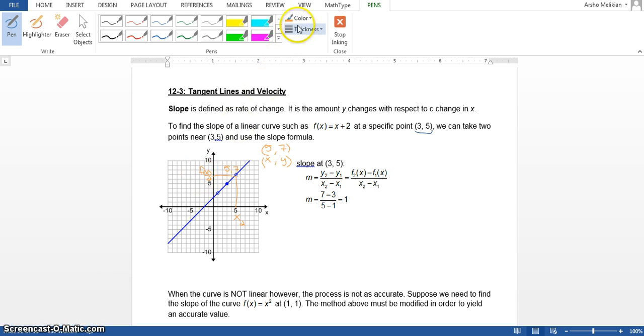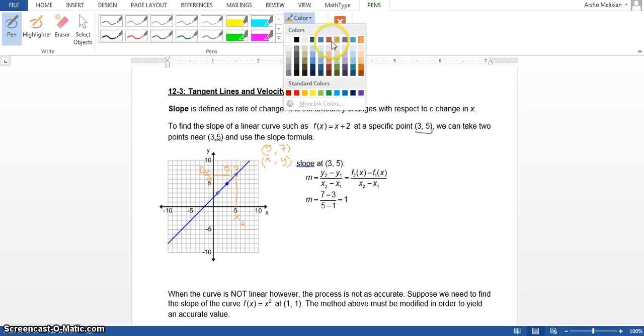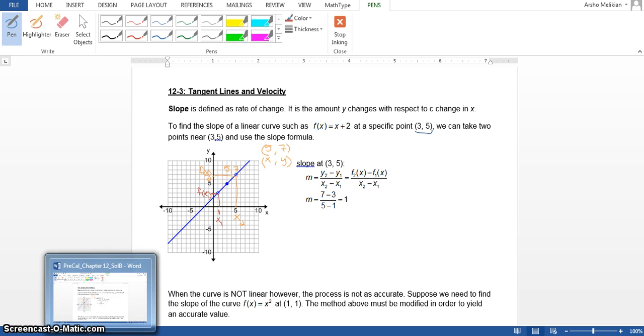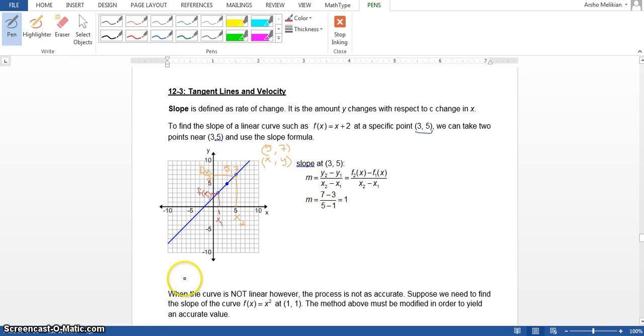Okay? Now, let's go to my other point. Here, this is x equals what? 1. And here, this is f of 1, or f of x1. So this is x1, and this is f of x1. So now, instead of x1 and x2 and y1 and y2, we have x1, x2, f of x1, and f of x2.